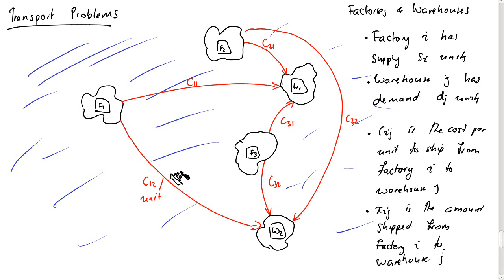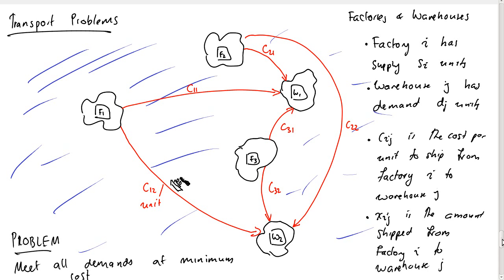Okay, so what is the actual problem? We still haven't defined the problem yet. Problem: meet all demands at minimum cost. Okay, so let's see if we can turn this into a linear program.